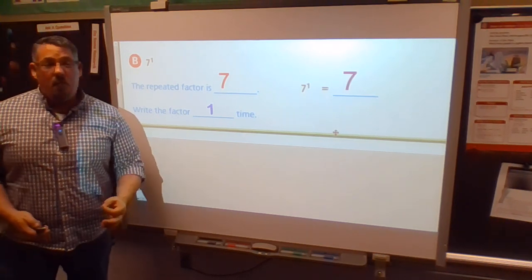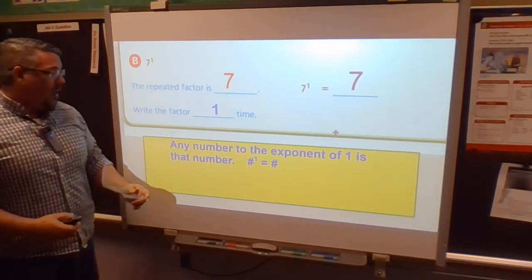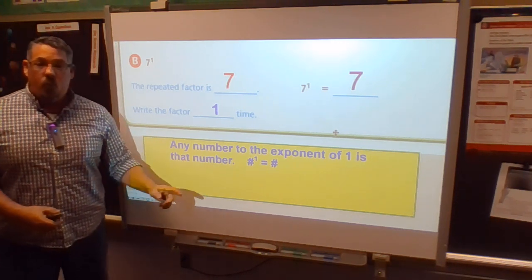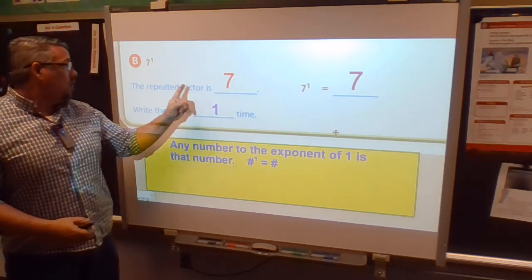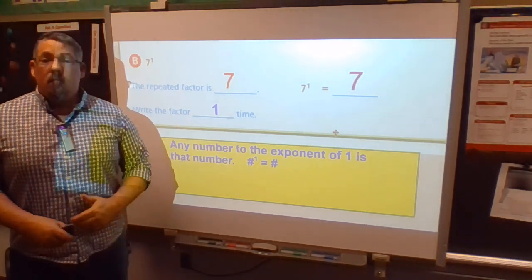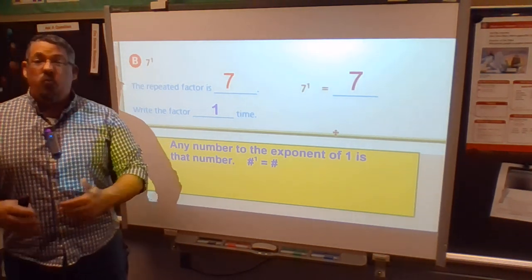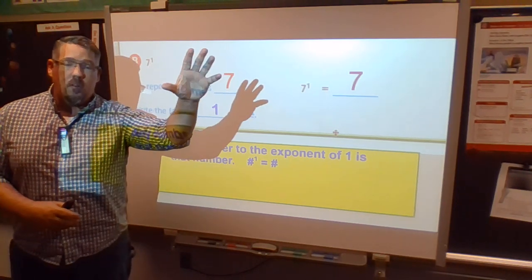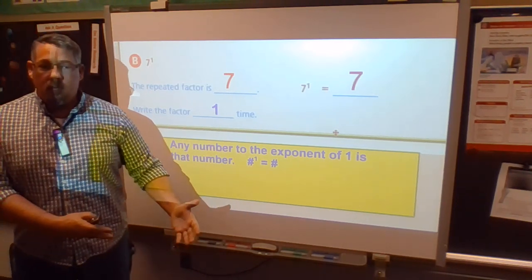So one of my mathematical rules to learn in this lesson is that any number with an exponent of 1, so that little itty bitty number in the top right hand corner, means the number is going to stay the same. Even if it's 1 million to the 1st power, it's still going to be equal to 1 million.